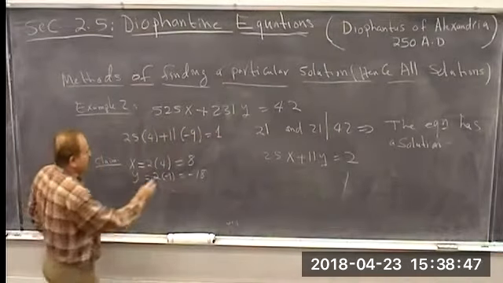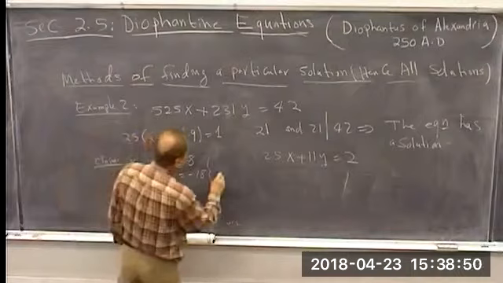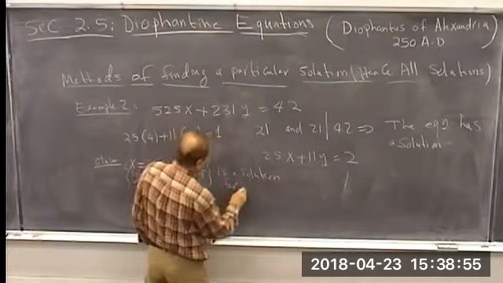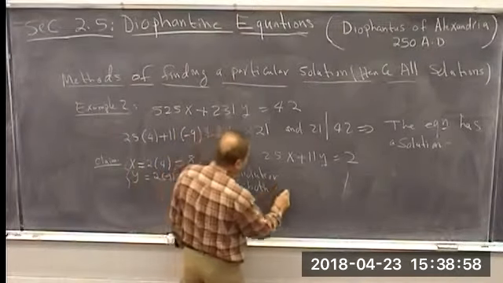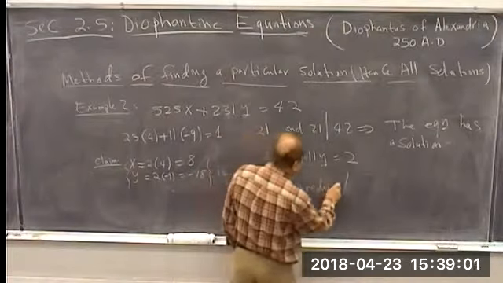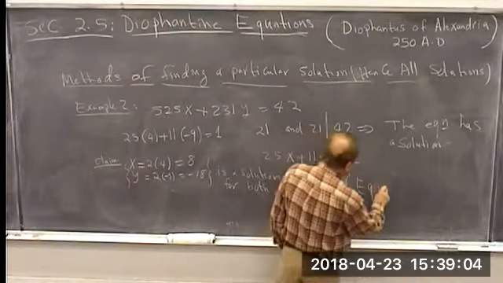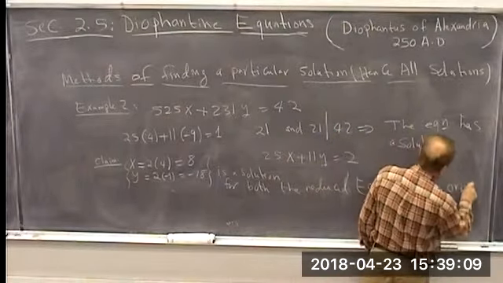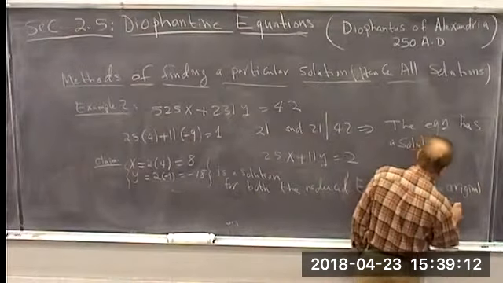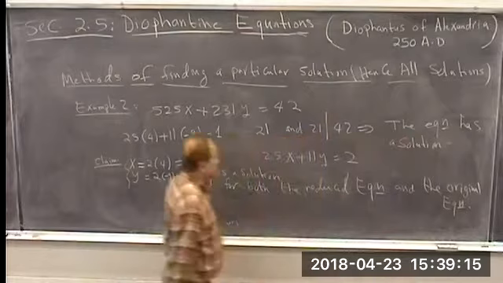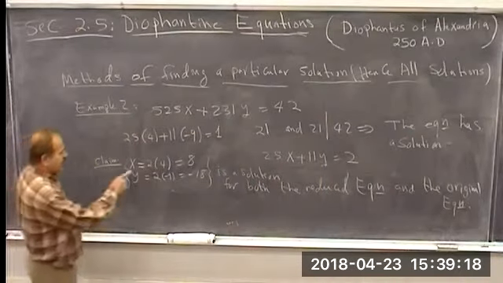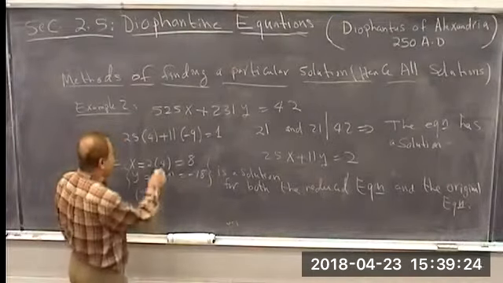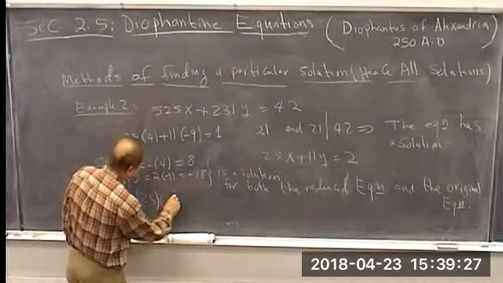And this will be also a solution for the original equation. So I claim that this is a solution for both the reduced equation and the original equation. All right, let's check. So in here, we're going to have a 25. Now let me actually leave this one as 2 times 4.